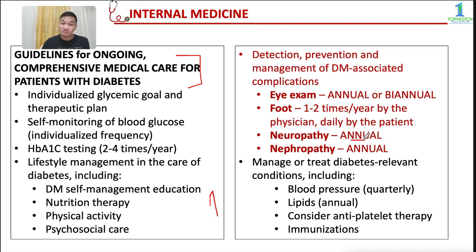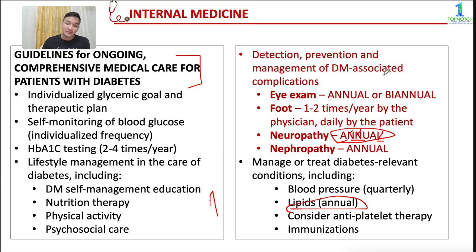Kukunin nyo yung consonants ng annual, NNL, di ba? Kasi annual ang pagtetest o ang pagsiscreen for neuropathy, nephropathy, and lipids. Okay? Kasi lipids is annual din. So, neuropathy, nephropathy, and lipids are annual. Kunin nyo lang yung consonants.